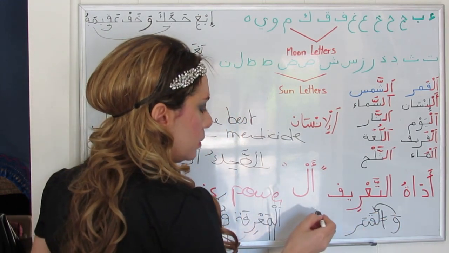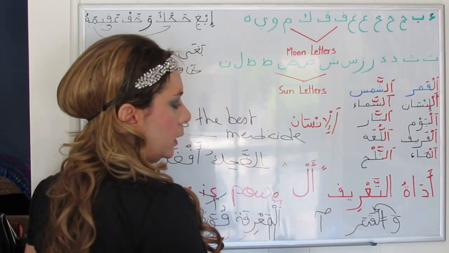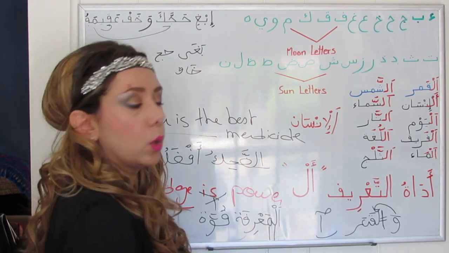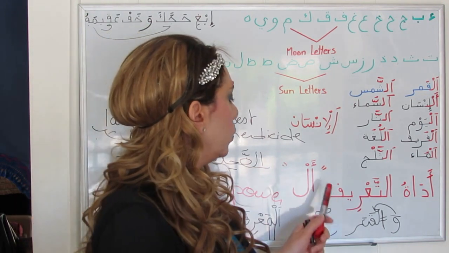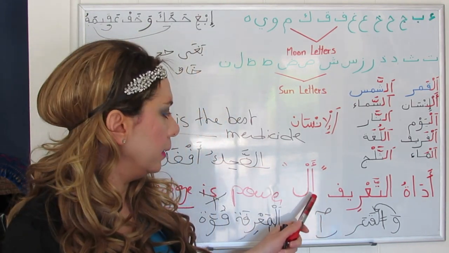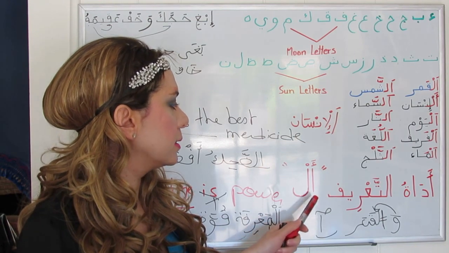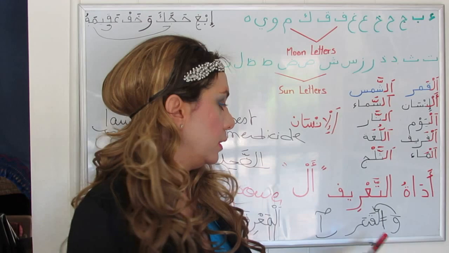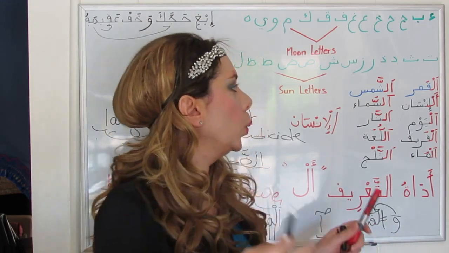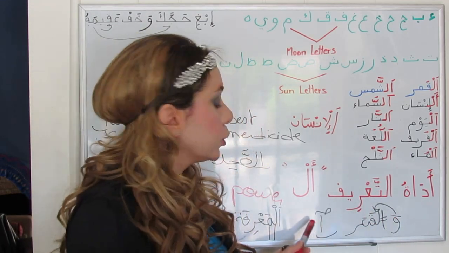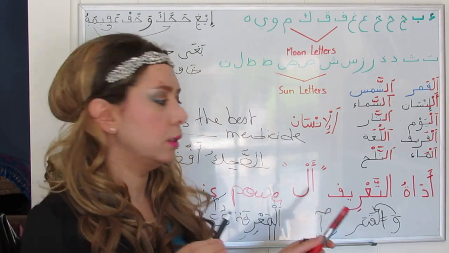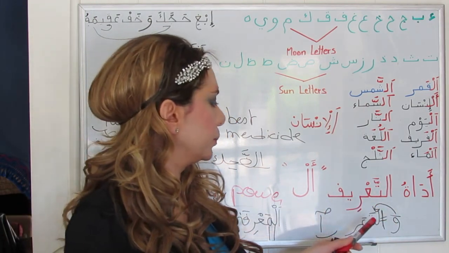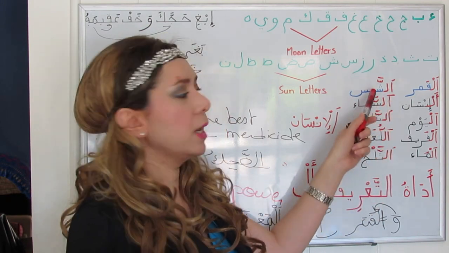Remember the joining hamza? It's just joining. This is the joining hamza, hamzat al-wasl. So you will pronounce the definite article as a if it's at the beginning of the sentence. If it's preceded by a word, it will turn to the joining hamza, and you will go directly to the lam. والقمر, والشمس.